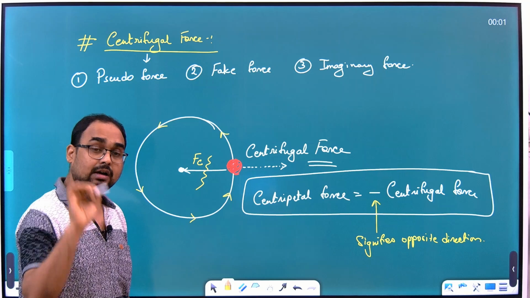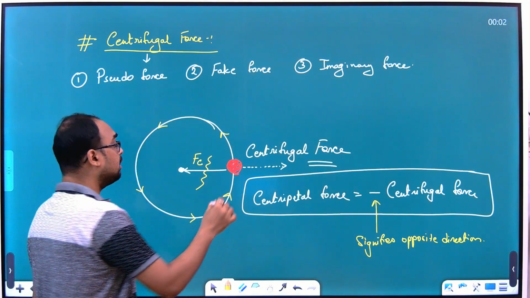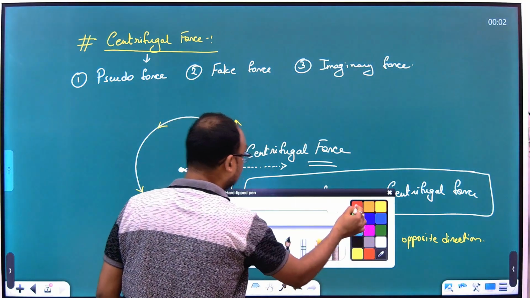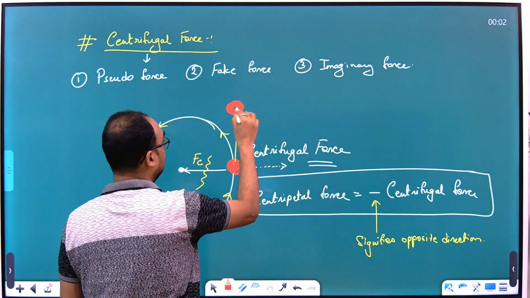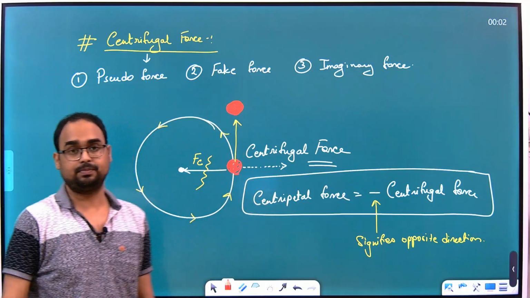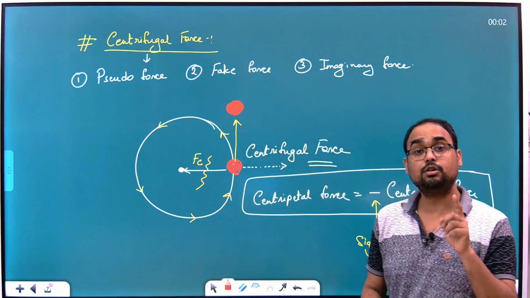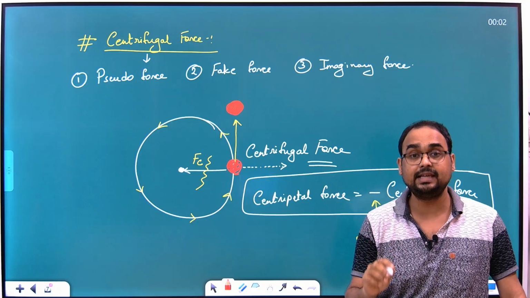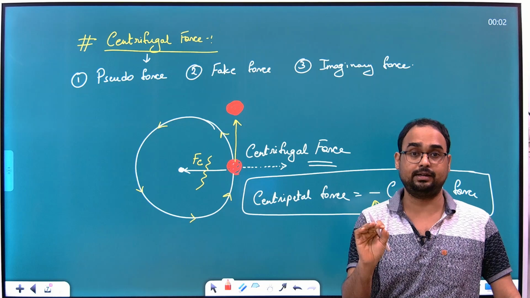Whatever the tangential direction the particle was moving in, the particle will exit in that direction tangentially. This is a very important question. If the rope breaks, the particle will exit in a tangential manner to that point.